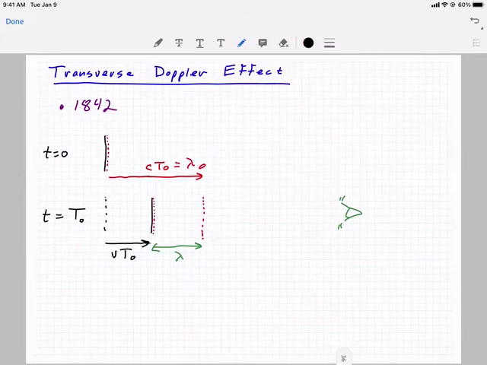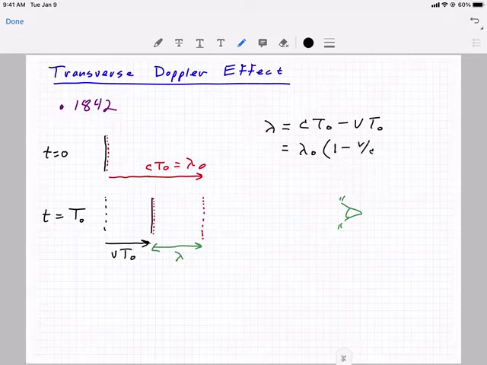And so we can then put the math to this. Lambda is equal to the full distance ct0, but then we have to subtract off this vt0. Using the fact that ct0 equals lambda naught, pulling the ct0 out front, I get lambda naught times (1 minus v over c).